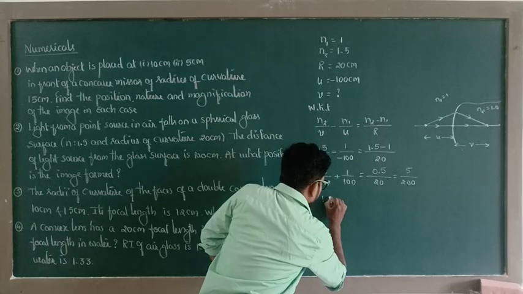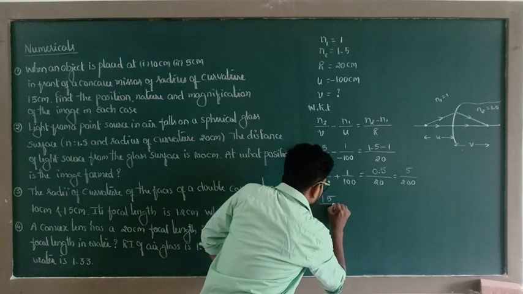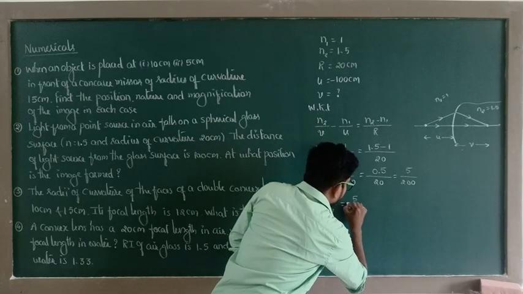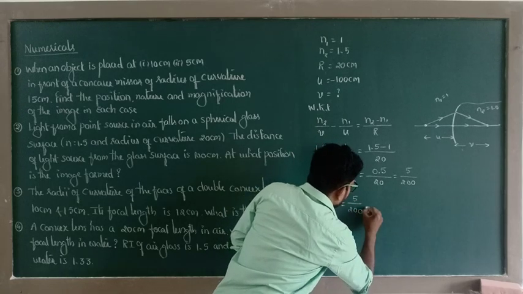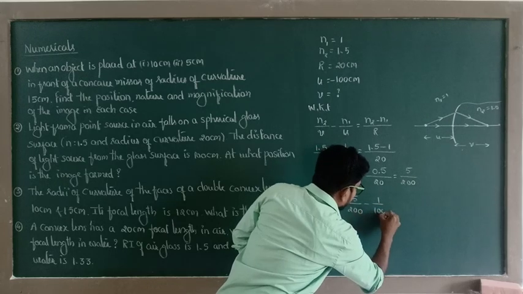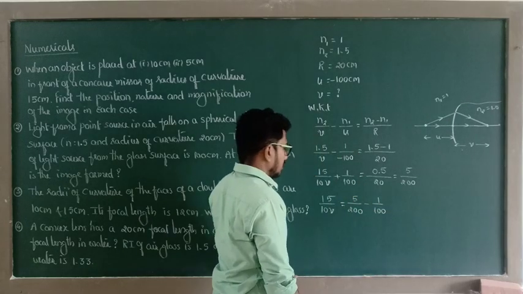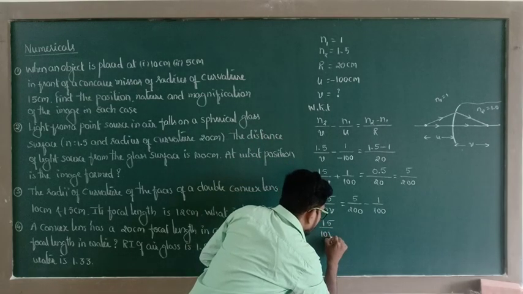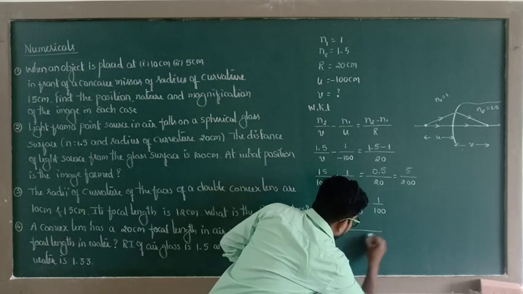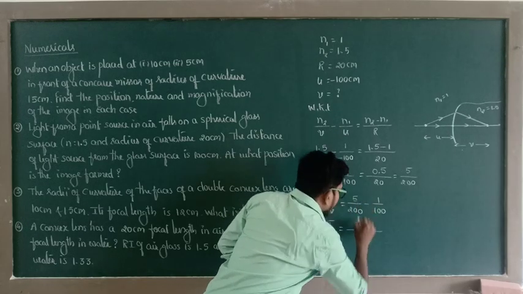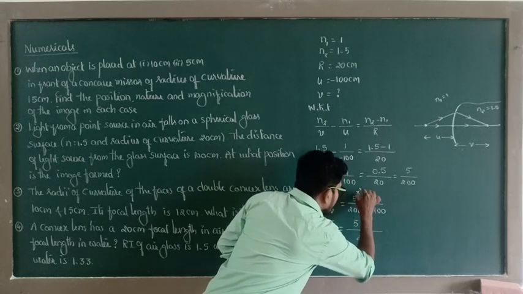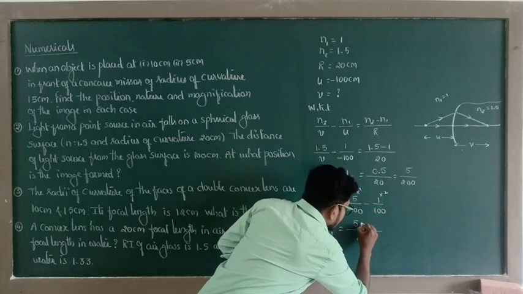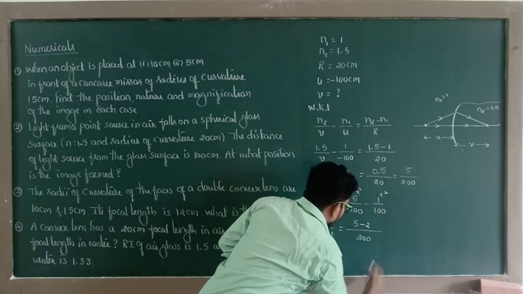Then 1.5 divided by 10v is equal to 5 divided by 200 minus 1 by 100. 1.5 divided by 10v is equal to, taking LCM 200, 1 into 5, 100 into 2, so (5 minus 2) divided by 200.